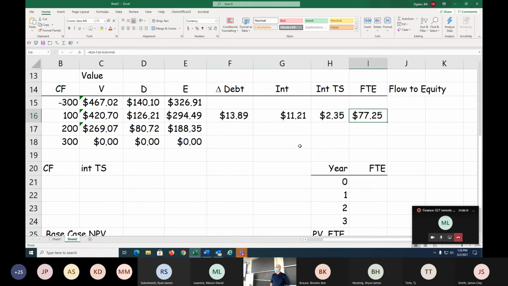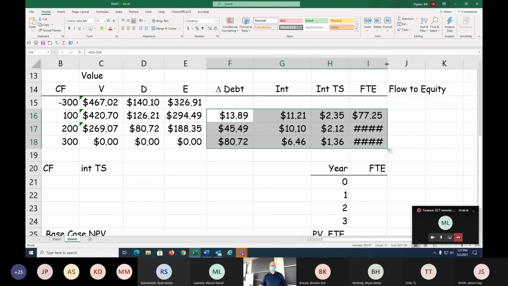Do we get that? Okay, what'll I do next? I'll do the next 2 years, and that'll take me about 3 seconds, right? If I'm really in a lazy mood. So we'll take these, and we'll double click right over here.